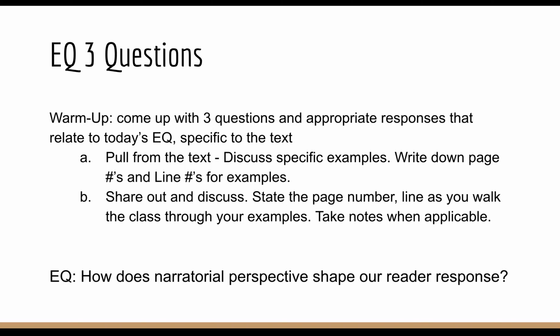The first thing I'd like you to do is pull from the text some specific examples about narration and perspective, find the page number and line number, and use that as the starting point for your response. Obviously, we will not be sharing these out in class. I'll just be reading and checking these as a formative assessment.